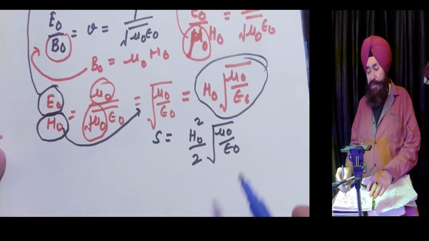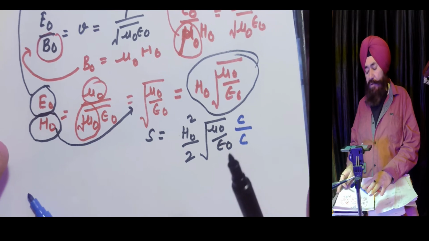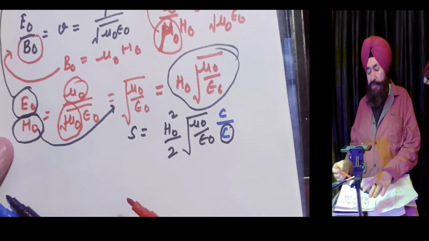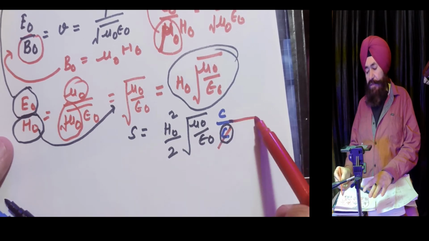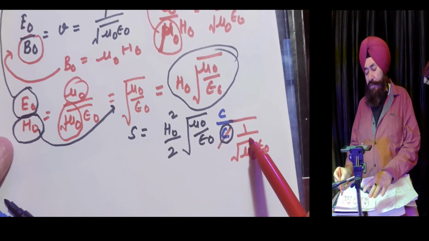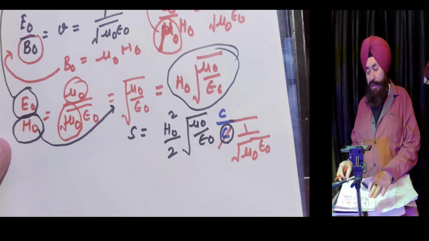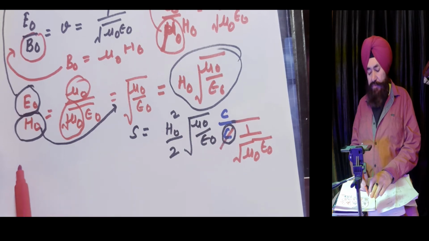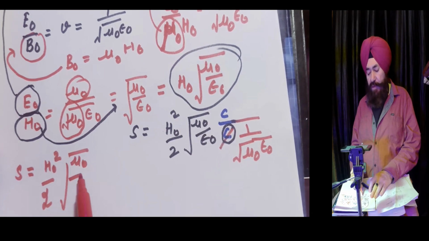Multiply and divide by C. Okay. Now this C is written as 1 upon under root of mu naught epsilon naught. Okay. So it becomes H naught square by 2 under root of mu naught over epsilon naught C.